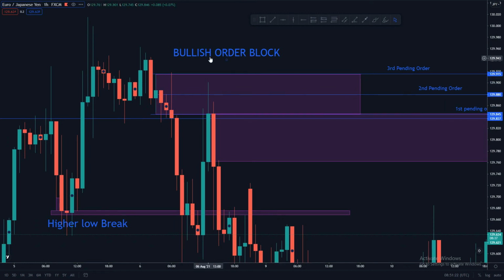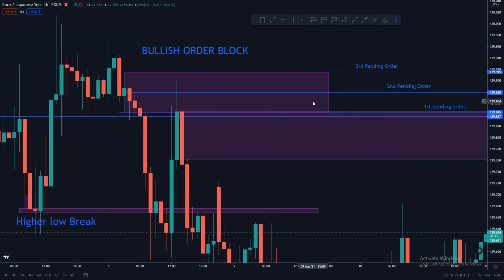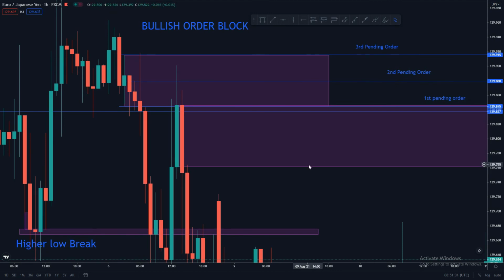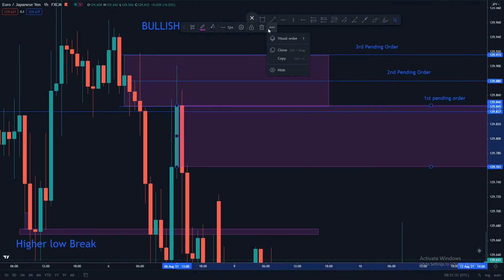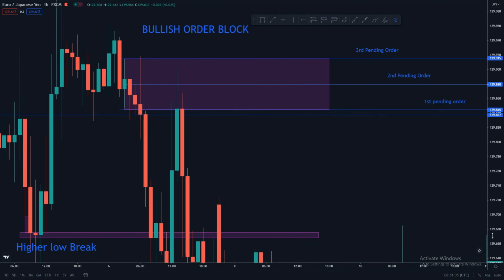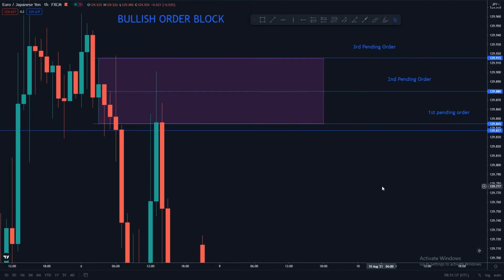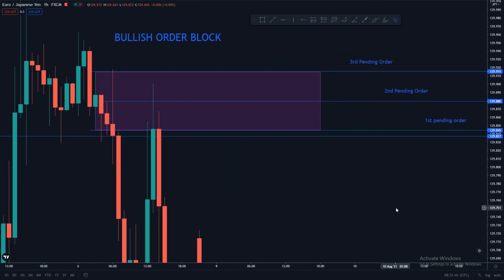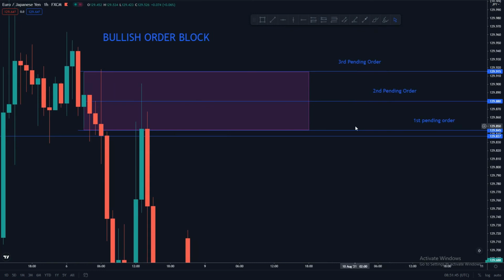So now these are entry strategies that you can use. As you can see, the first thing that you have to do if you're using this one, I showed you the first one, the second one, and this one is the third one.